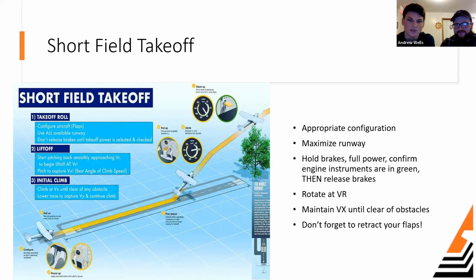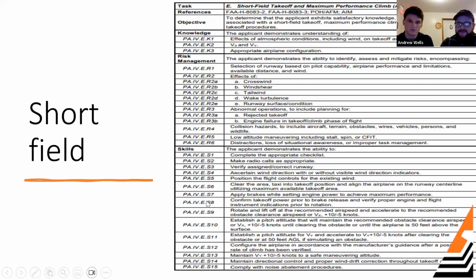Yeah, because even in the standards, it says until clearing the obstacle or until the airplane is 50 feet above the surface. Which one is that? That's going to be right here. Oh, yeah, until clearing the obstacle. So there's a little room for interpretation. You just make sure you're specifying where the obstacle is, right? If you're at 500 feet, say, oh, there's an obstacle here, I'm clear of the tree, I'm lifting up my flaps now.